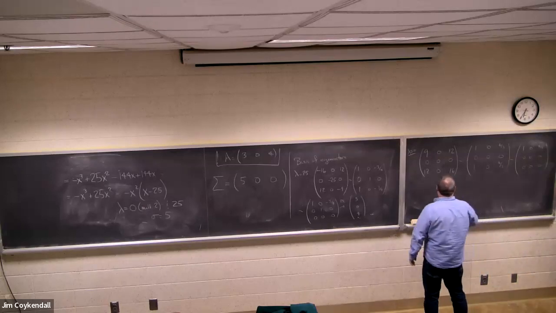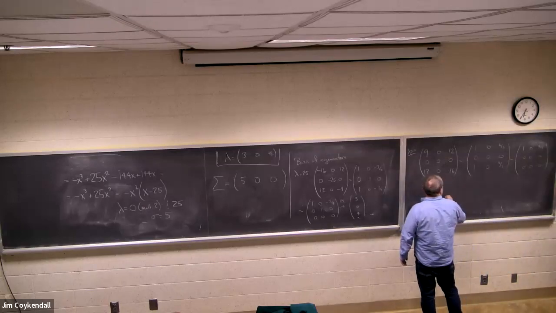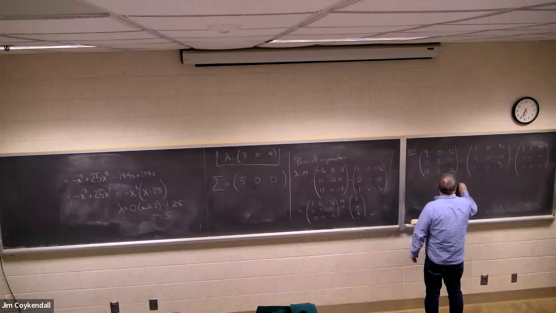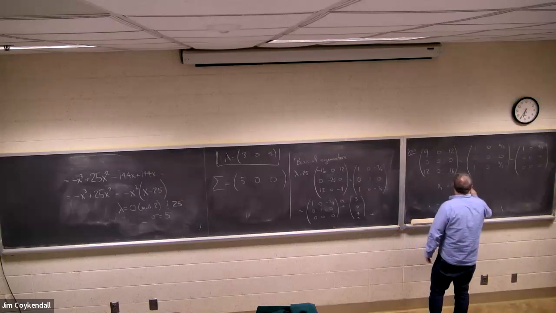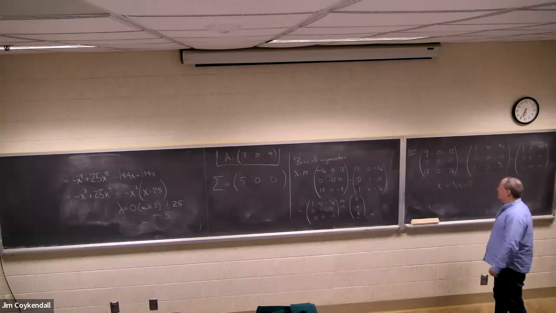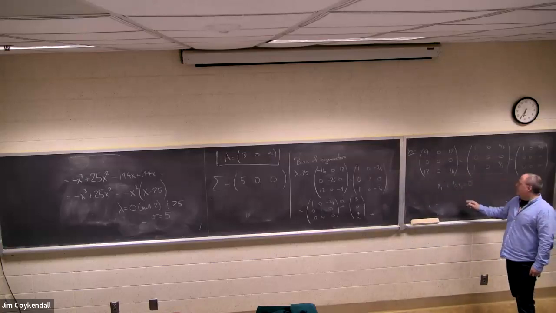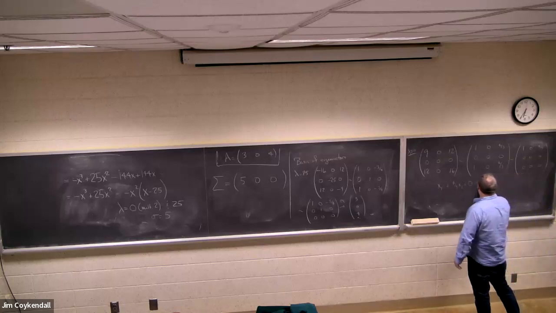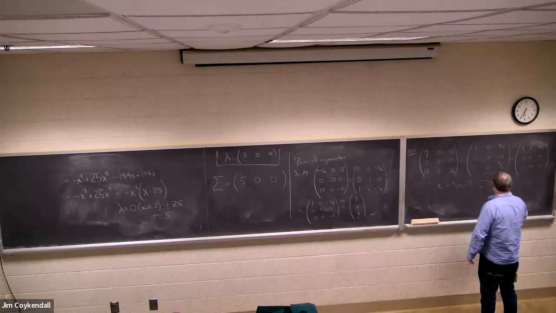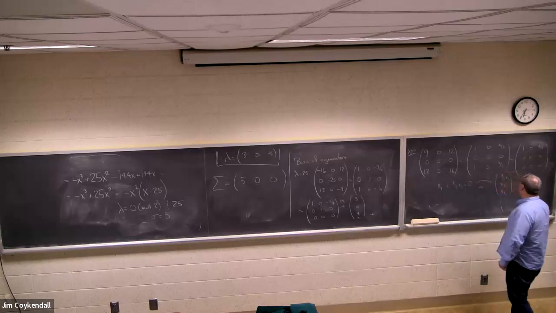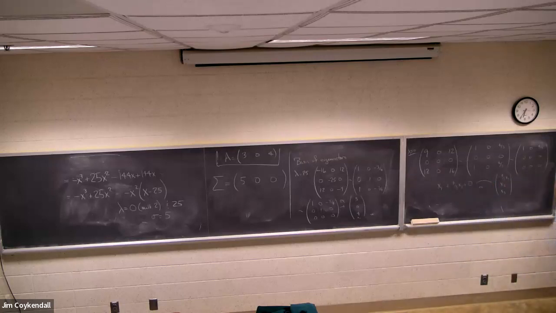So x1 plus 0 x2 plus 4/3 x3 is equal to 0. That's my governing equation. So an eigenvector looks like minus 4/3 x3, x2, x3. Because x2 is free, it can be anything.